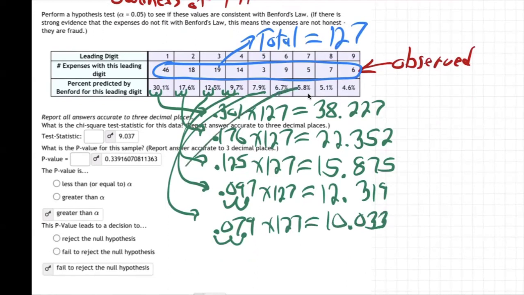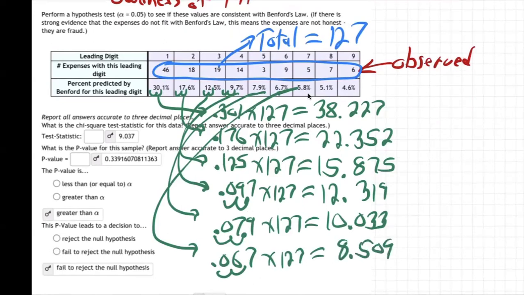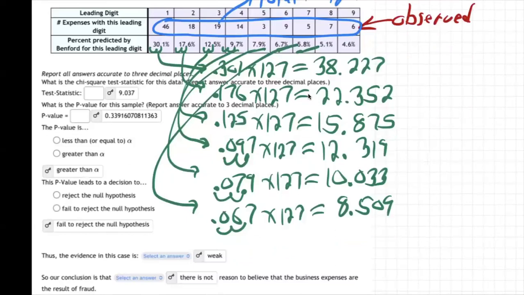And then 6.7, so 0.067. Again, start out here, 1, 2 places back. So times 127 is 8.509. Just go to a calculator. And then 5.8 is the next one. It's 0.058, because start out here, 1, 2, times 127 is 7.366.